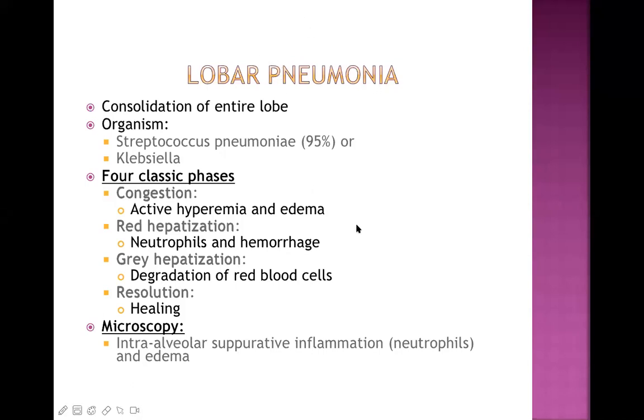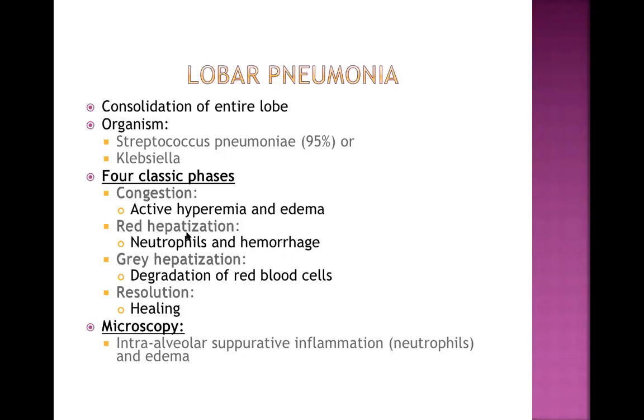Now after congestion, we have the next stage, which is called red hepatization. Red hepatization is a very easy term to understand. Red means it looks red in color because of hemorrhage, because of RBCs. And hepatization means the lung is looking like liver, because hepatic means liver.